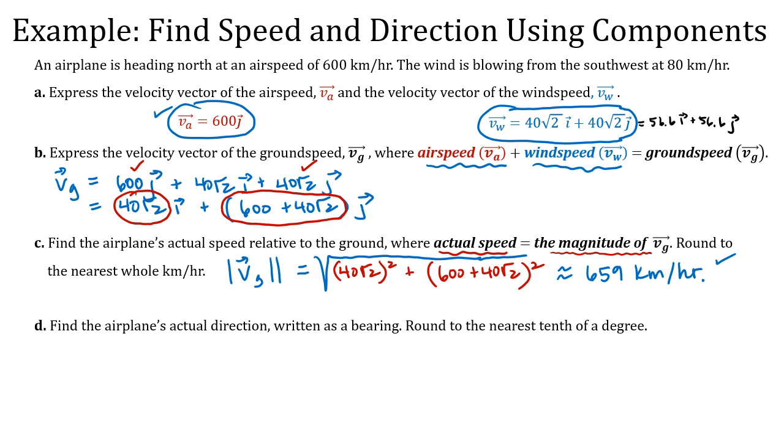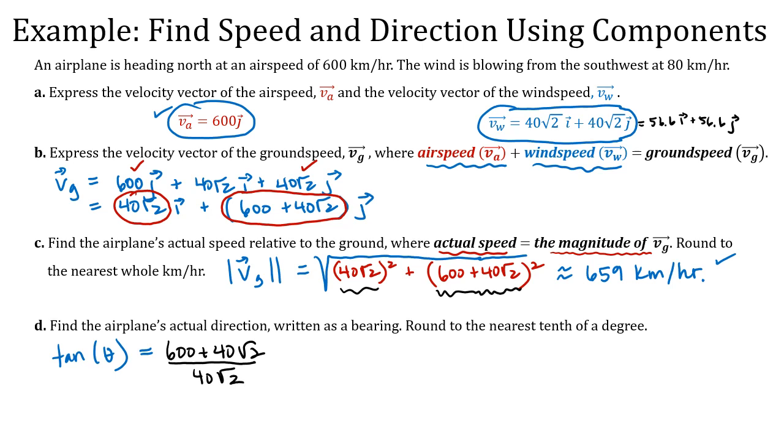Okay, so as a bearing, let's see here. To find the angle, first we're going to just find what theta is. And the way that you find theta is you take tangent of theta, and that is going to equal my y over my x value, but in this example, my y value is this 600 plus 40 root 2. So I'm going to put 600 plus 40 root 2 all over my x value, which was the I piece.